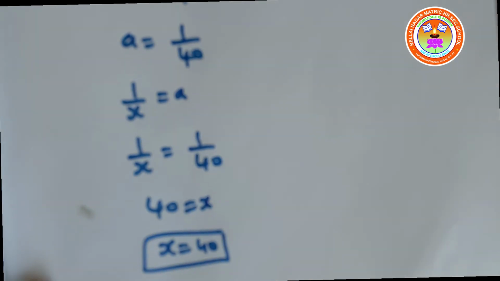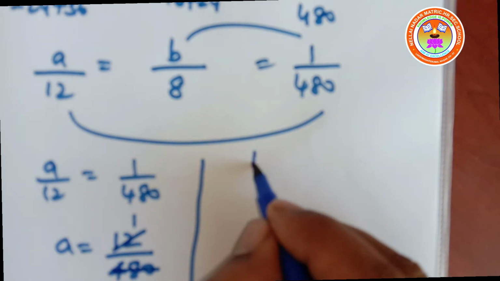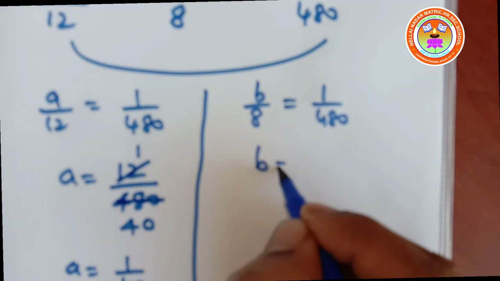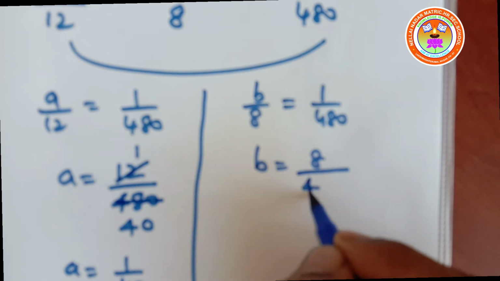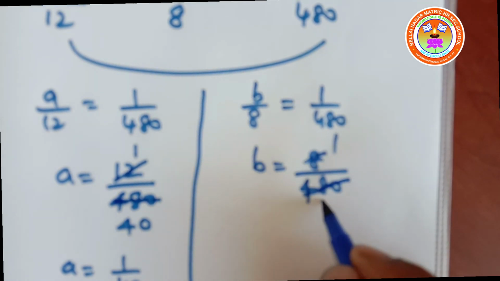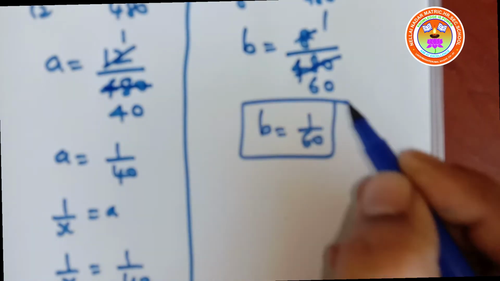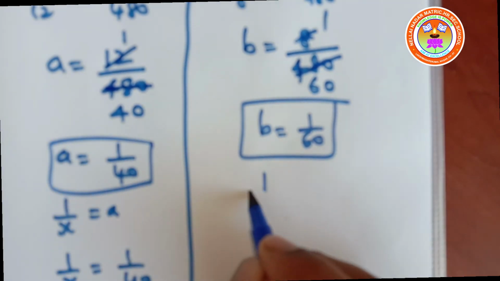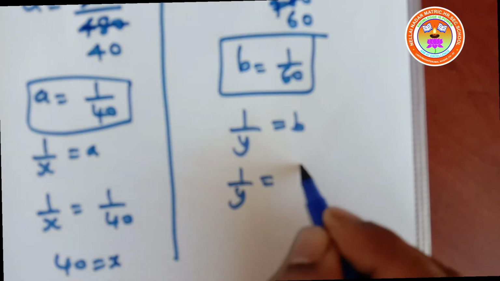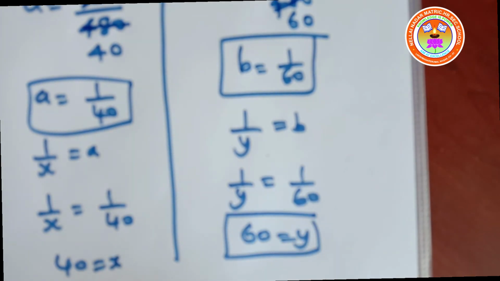It's clear, children? Same way, b by 8 is equal to 1 by 480, b is equal to 8 by 480, so b equal to 1 by 60. Now 1 by y equal to b, so 1 by y equal to 1 by 60, so y equal to 60. It's clear, children?